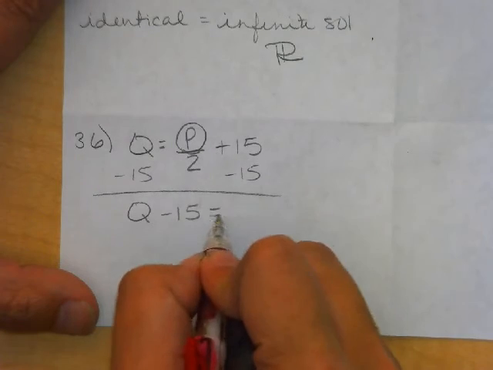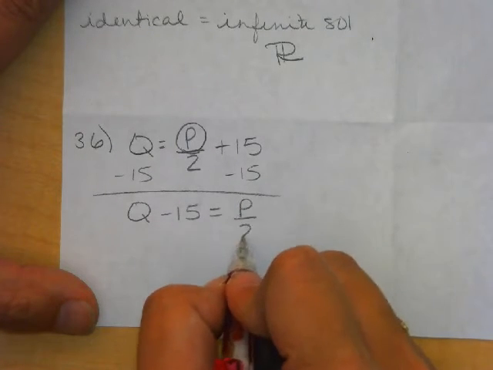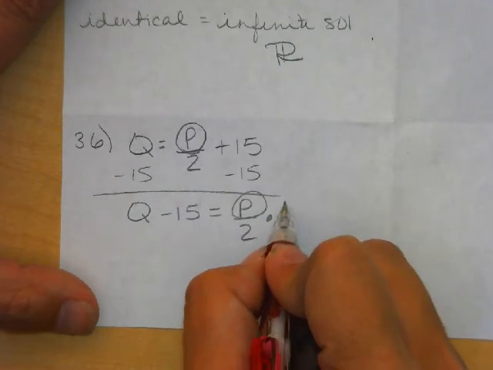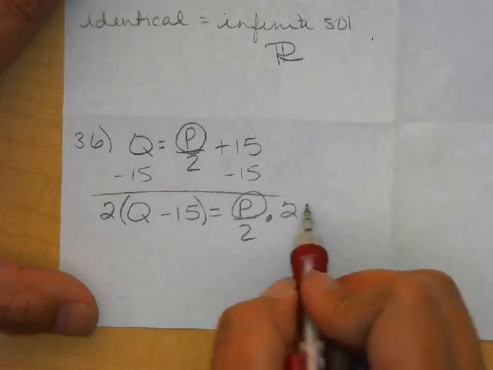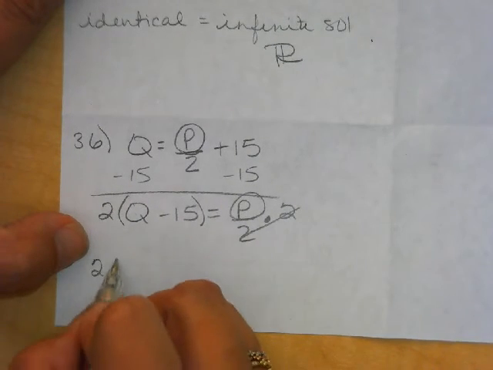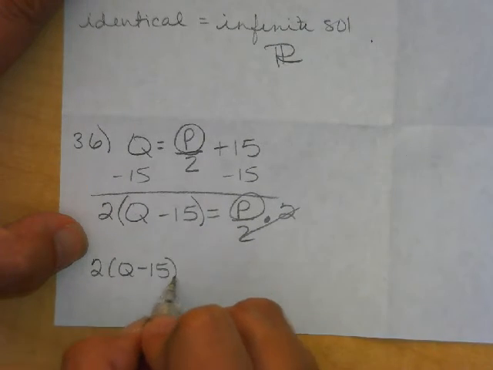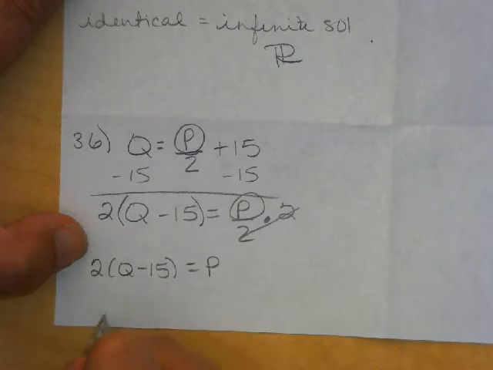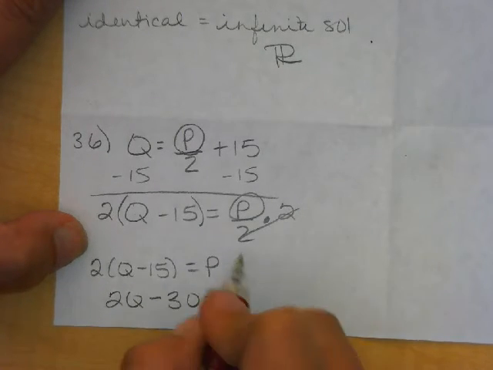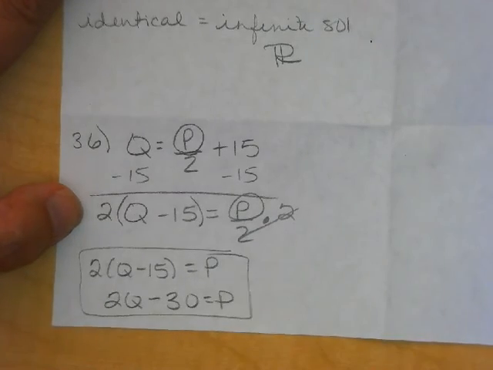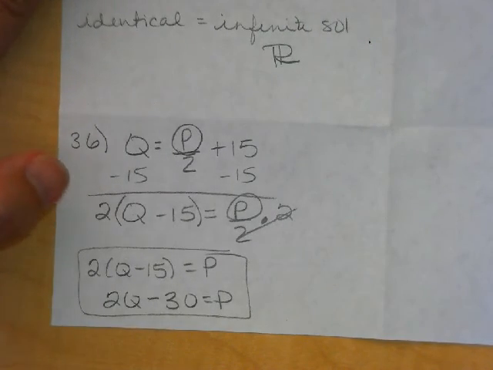Q minus 15 equals p over 2. How do I undo a divide by 2? I'm going to multiply. Now I have to multiply all of this. So if you want to write 2 times q minus 15 equals p, I would take that. You could also distribute. Either of those would be acceptable.